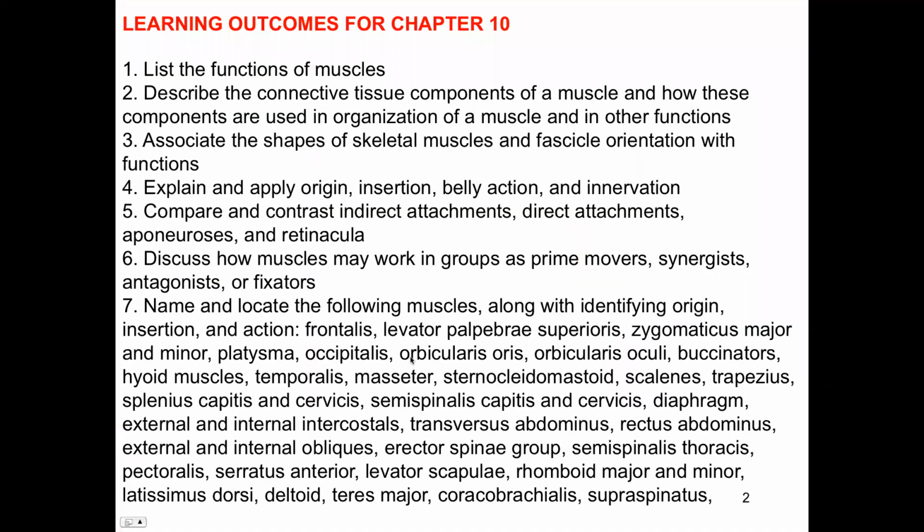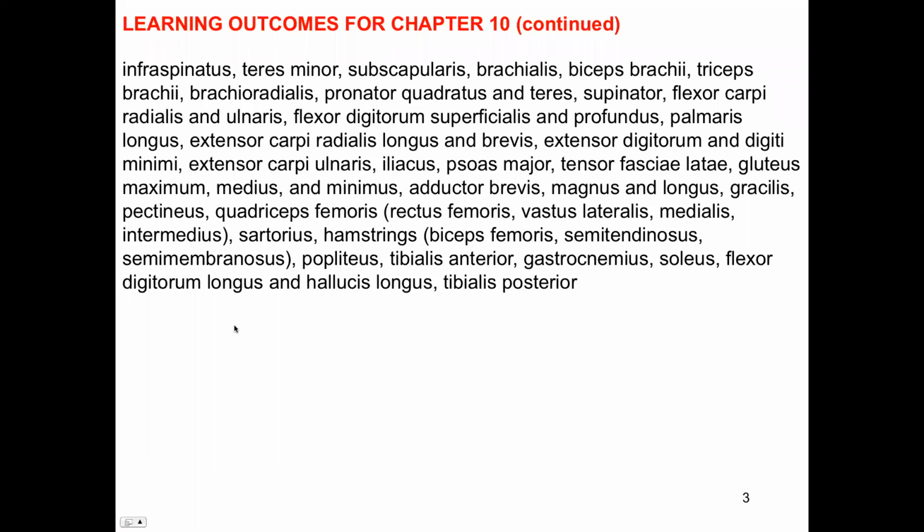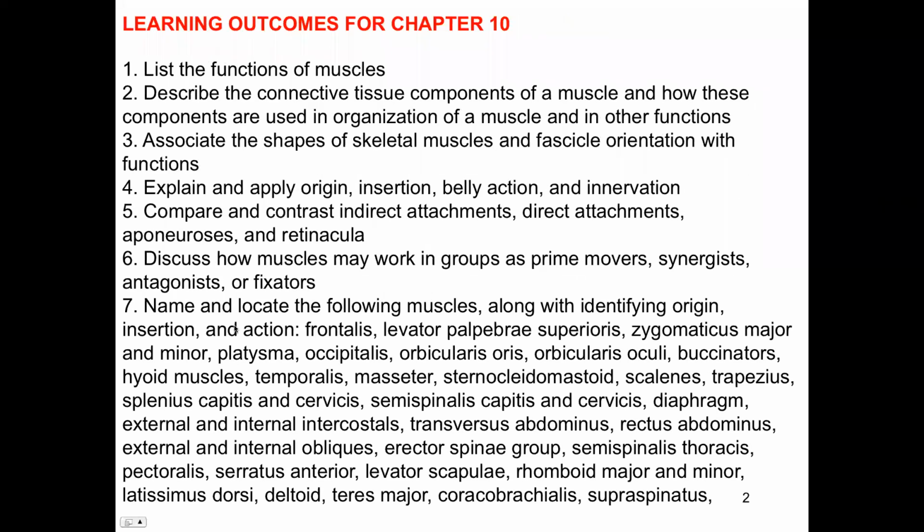If you look at the learning outcomes for this chapter, really up to 6 is lecture material. 7, which goes on to the next slide, is just a list of muscles that you're supposed to learn. And I will go over this when I get to that point in the presentation, so that you can understand what my expectations are for this.